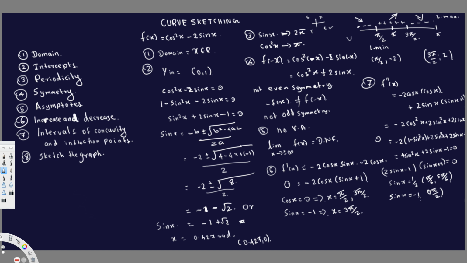Now I have to check concave up and concave down at these points, because for the second derivative it's going to be concave up, concave down. In this case we have π by 6, then 5π by 6, and 3π by 2.